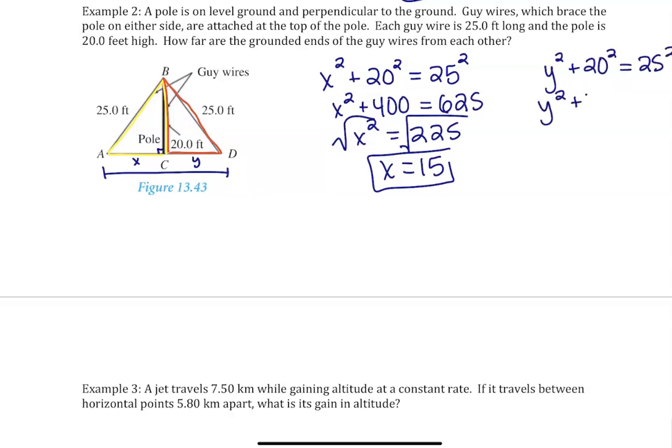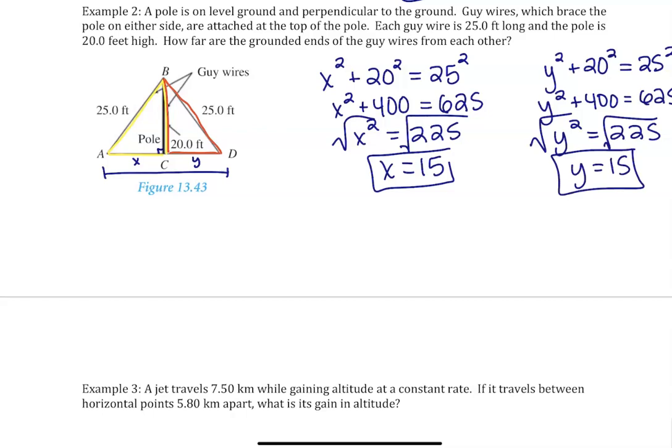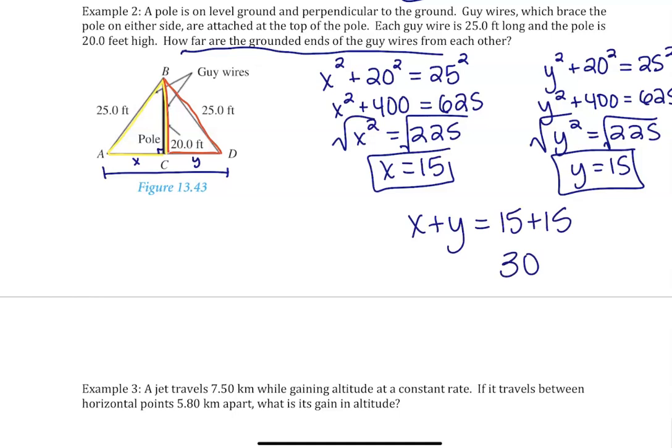But in this case, we will have the exact same numbers. And so y squared equals 225, and our y is going to also be 15. But the answer to the question, how far are the grounded ends from each other, we need to add x plus y and get a final answer of 30 feet.